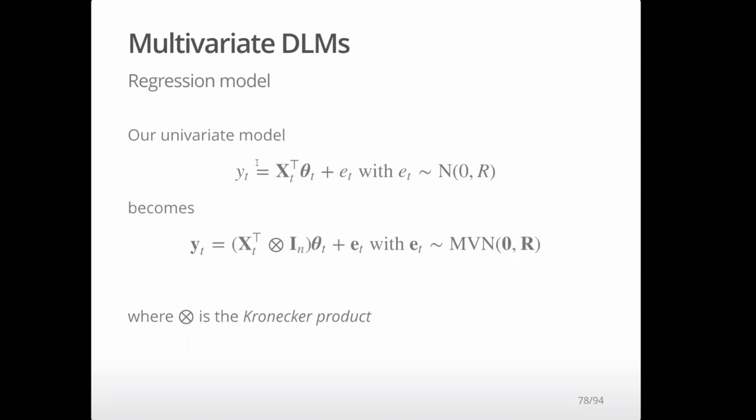But now we want this response to be multivariate. So it's a vector here where it's n by 1 and n is 2 or more. The thetas here is still a vector. The errors now are a vector instead of a scalar, and the predictor variables have this funny aspect to them here.